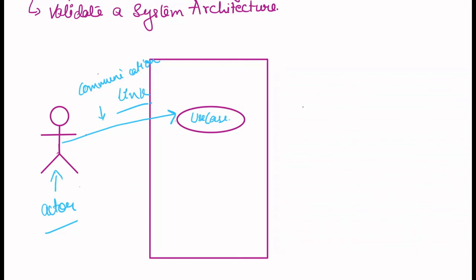The fourth notation we will be using in the use case diagram is the boundary, right? So what is the boundary? The boundary is this rectangle I have drawn over here. This is the boundary of the system, right? It is potentially the entire system which is defined in your requirement documents, right?